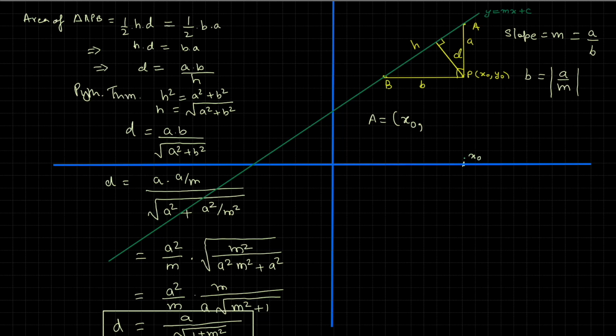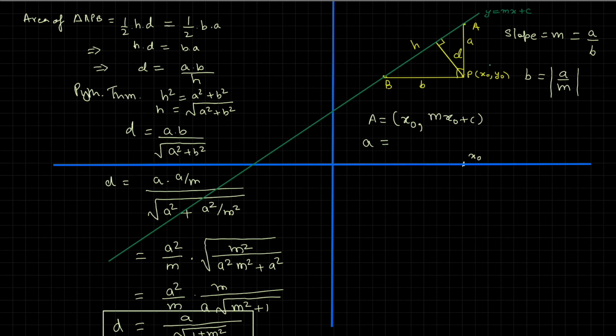It's a shared coordinate. And the y coordinate of A can be calculated by noting that A lies on the green line. So its y coordinate is given by the equation y is equal to mx plus c. So substituting x0 there, the y coordinate of A will be mx0 plus c.